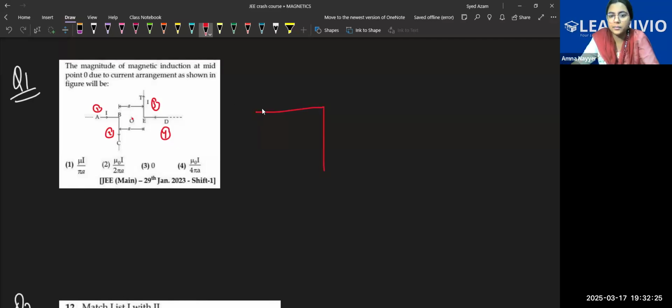AB, BC. Here current I is flowing downwards like this, right? And this is one part, let's say this is the second part. Similarly, current I is flowing from DE to ET. This is the third part, this is the fourth part.